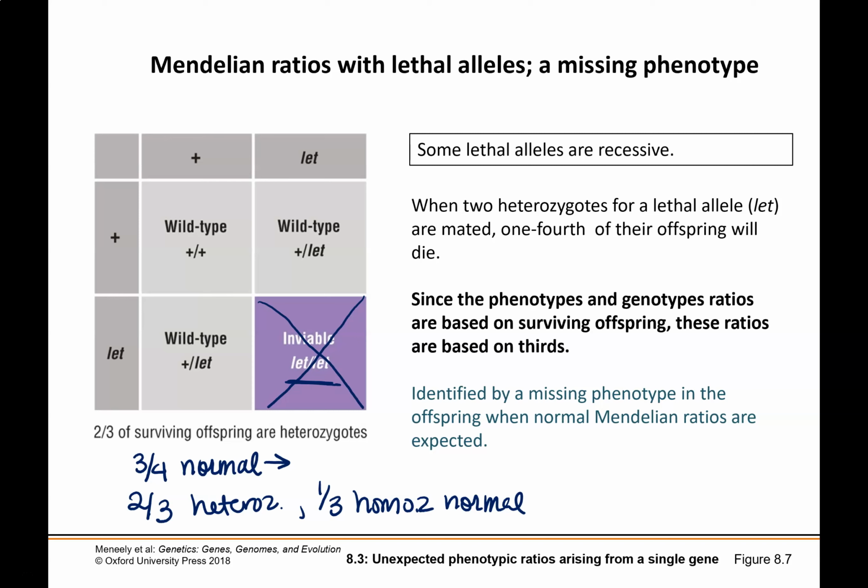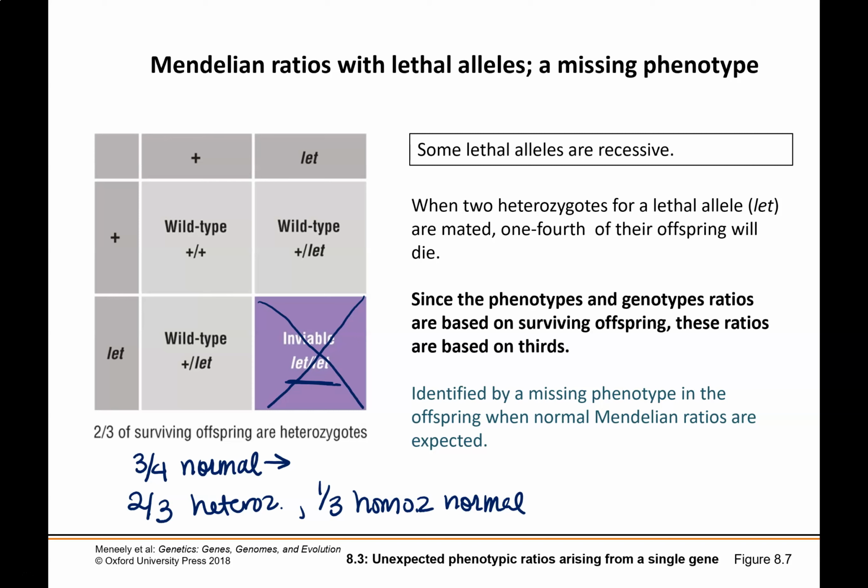Generally, lethal alleles are going to be recessive, but they can be dominant. A couple of examples of recessive lethal alleles: cystic fibrosis and sickle cell anemia are considered recessive lethals. These are treatable to some extent, but ultimately usually lead to death of the individual when they are homozygous.